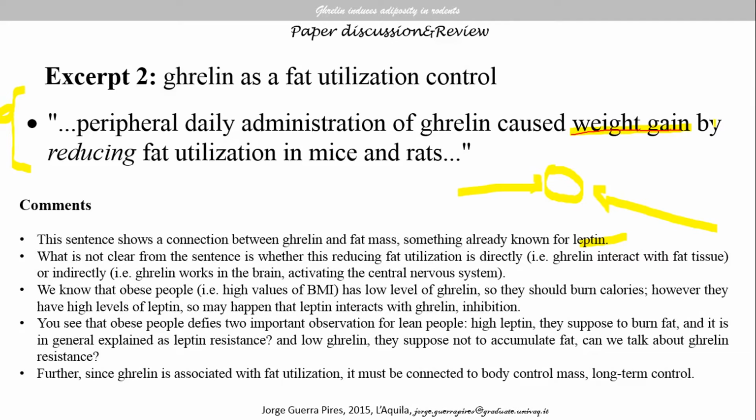What's not clear from the sentence is whether this reduction of fat utilization is direct or indirect. As I mentioned before, in the dotted line and the continuous line, you have two kinds of lines.